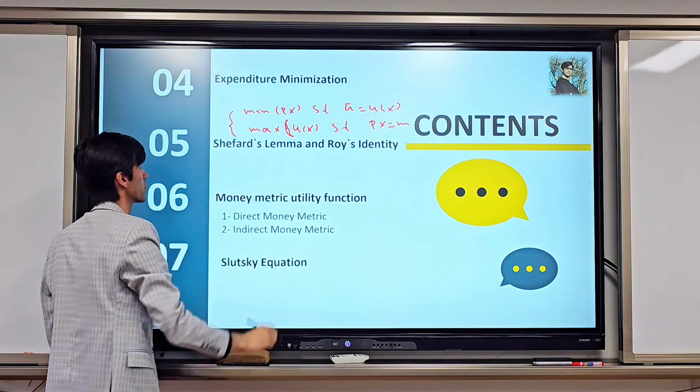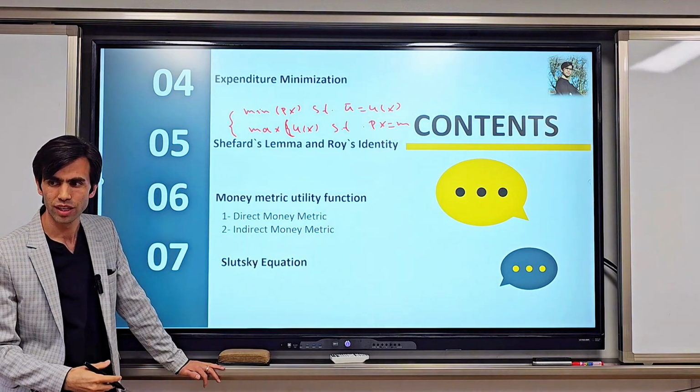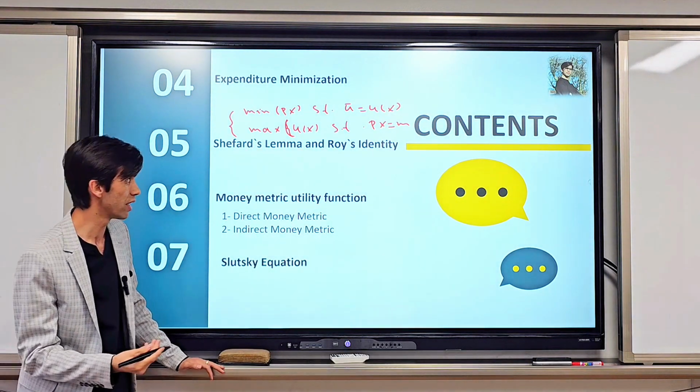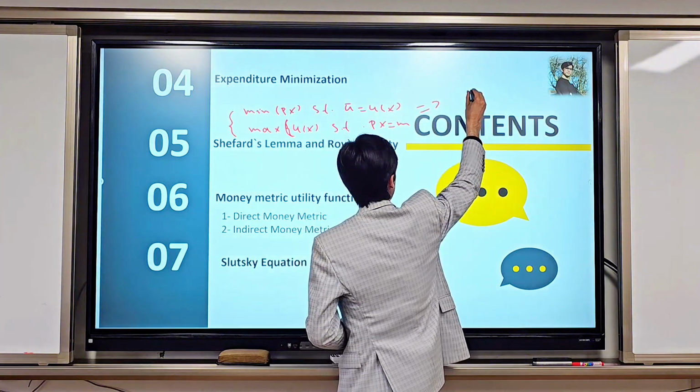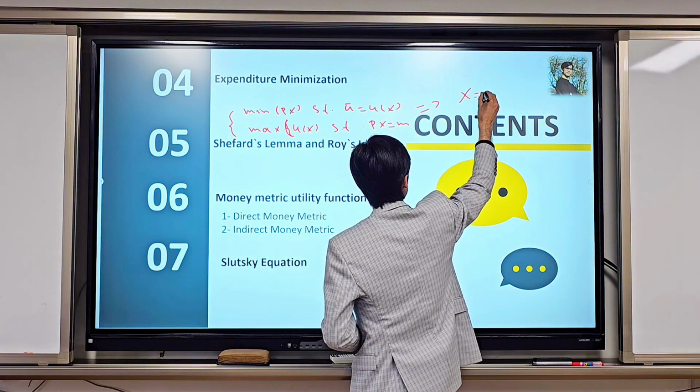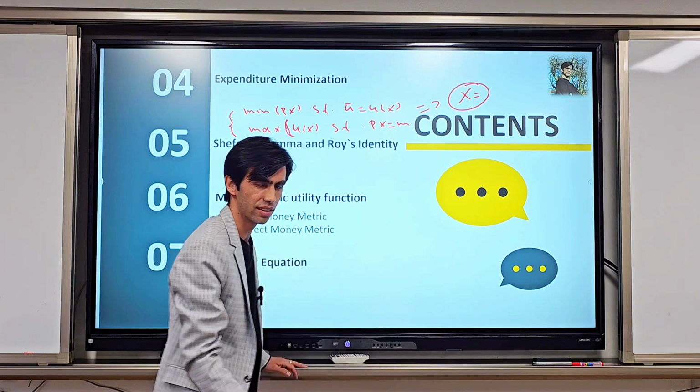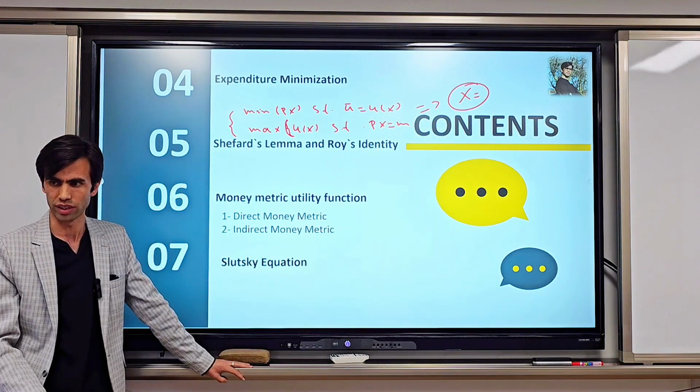So either you use expenditure minimization or utility maximization, they will give you exactly the same demand function, which is x. By x we mean demand function.